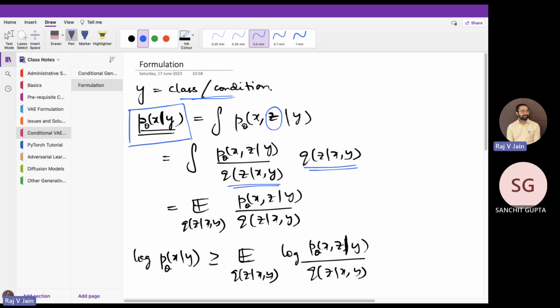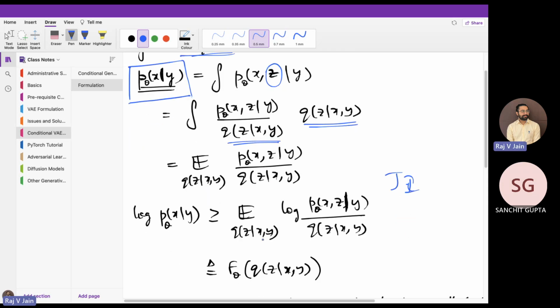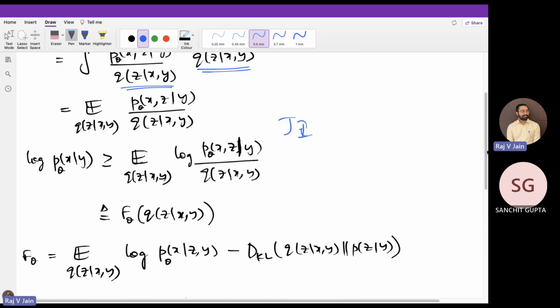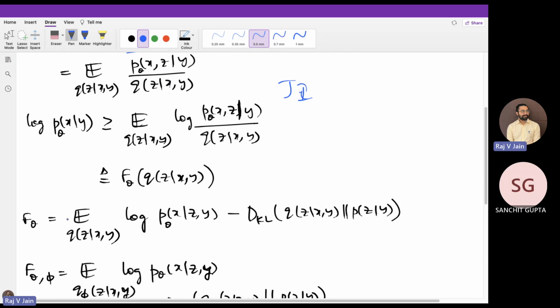Again, apply log Jensen inequality, etc. Same thing, you'll get this. And then your ELBO now turns out to be: first term, reconstruction with y. Generate x with z, and you'll generate z with x and y, and the DKL term is also something like this.